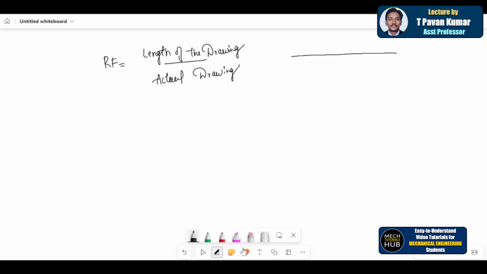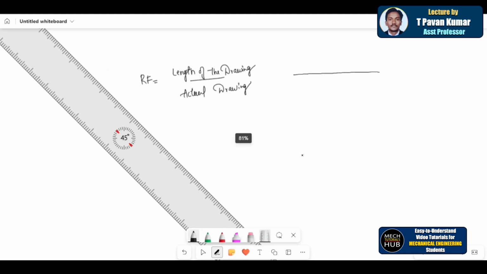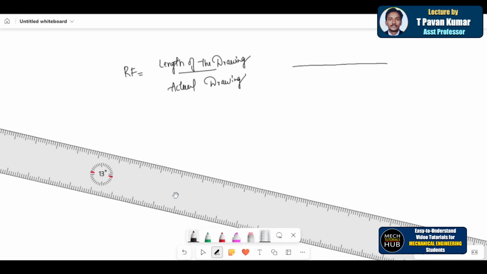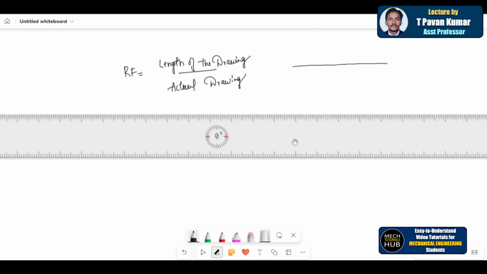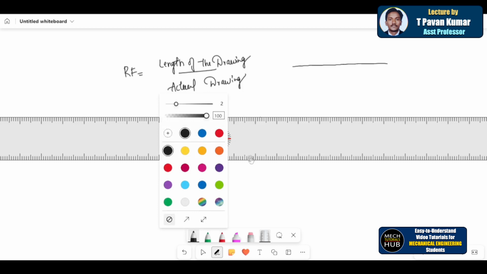Let me show you with a simple scale. This is how we use a scale, right? Just for your understanding, let me consider this as 0, 0. I consider this as the point 0, 0.